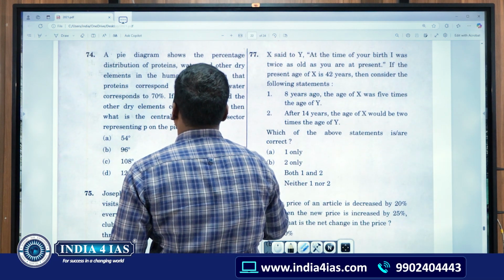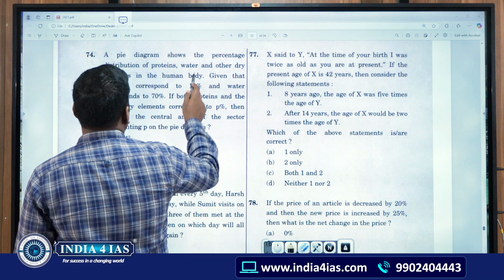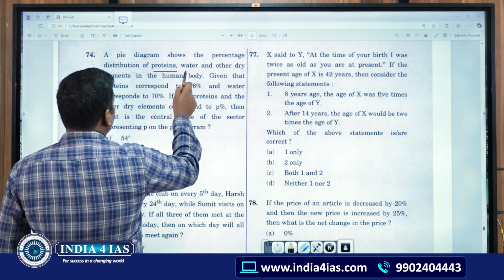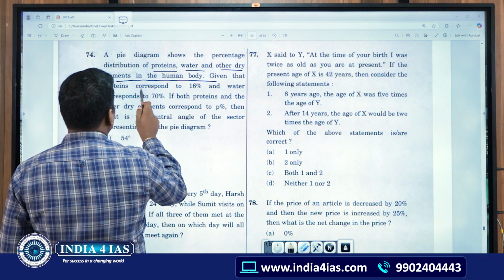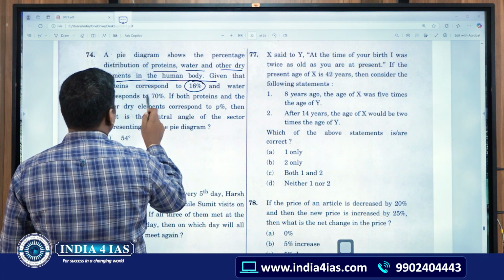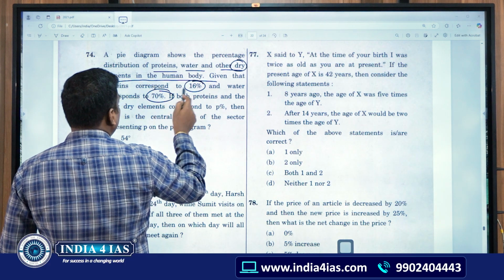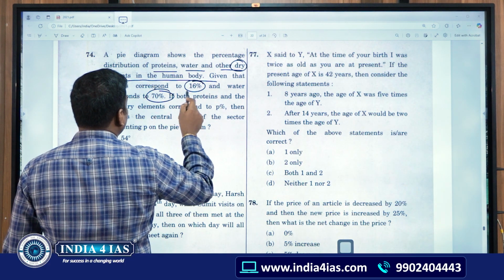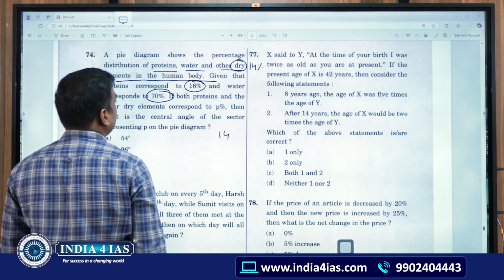So here it is a pie chart problem. A pie diagram shows the percentage distribution of proteins, water and other dry elements in the human body. Given that proteins correspond to 16% and water corresponds to 70%, then other dry elements: 70 plus 16 is 86, and 100 minus 86 is 14%. So dry is 14%.